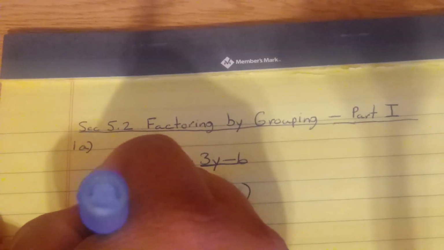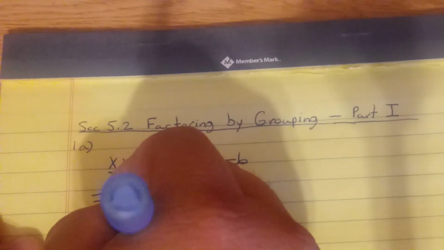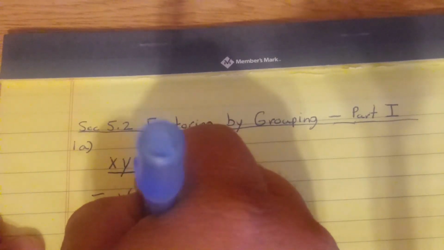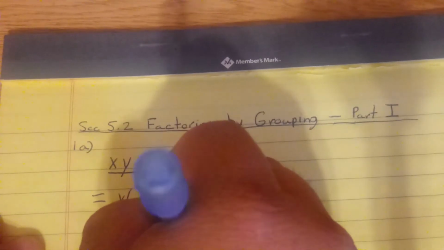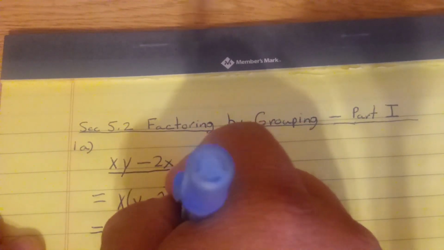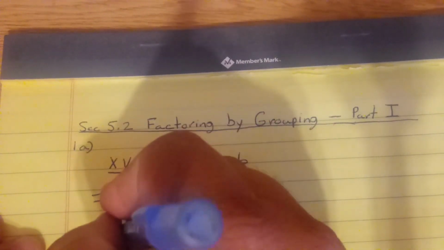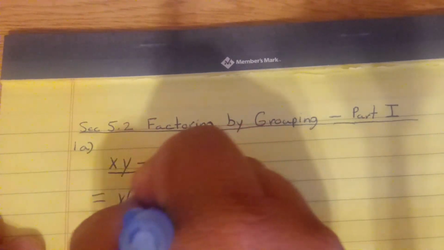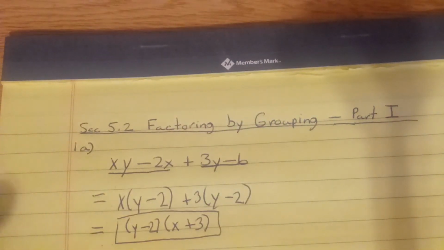We factor out the y minus 2 from both of them, so you end up with x here, and you end up with plus 3 here. And that would be your answer for that one right there. So once again, it's not difficult. You're just going to have to learn this new technique: we group them, since there's not anything initially that they have in common.